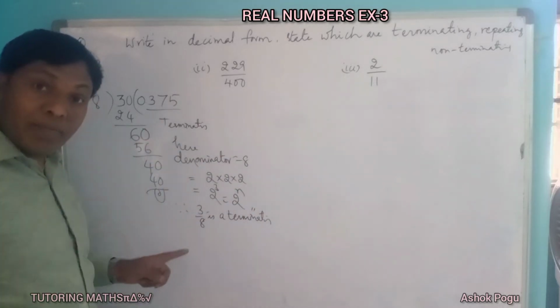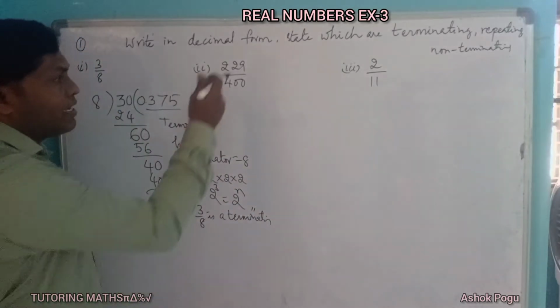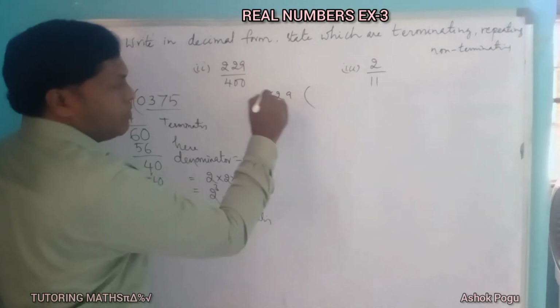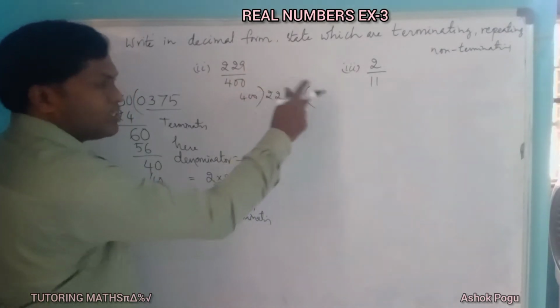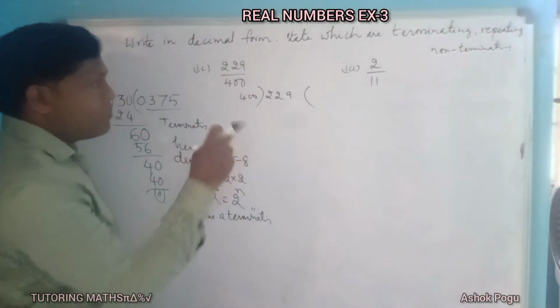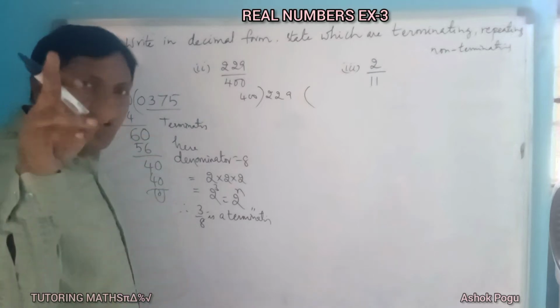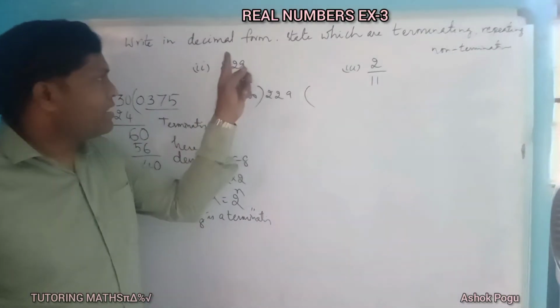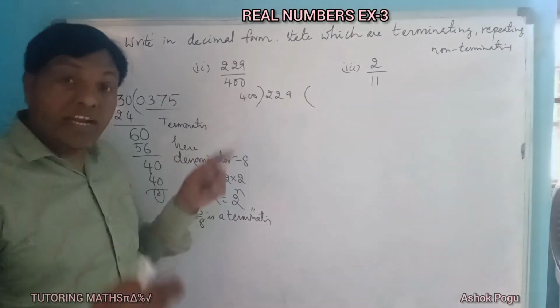This gives a terminating decimal. And coming to the second question, 229 divided by 400. First of all, find the decimal form. The given rational number should be converted into decimal form. Here the numerator 229 is smaller than 400, so you cannot divide.